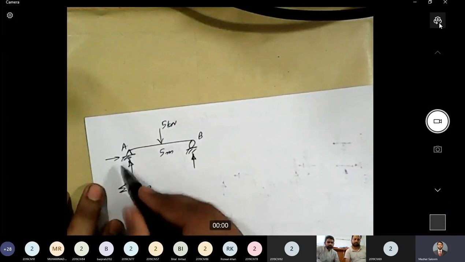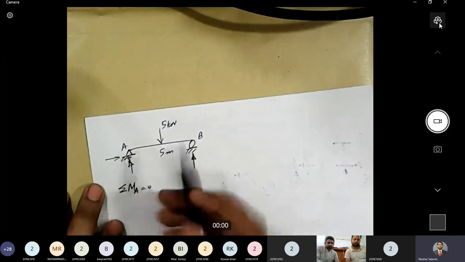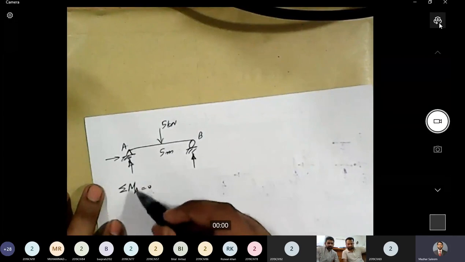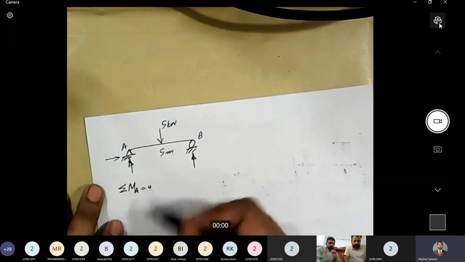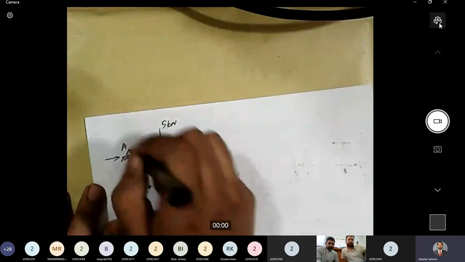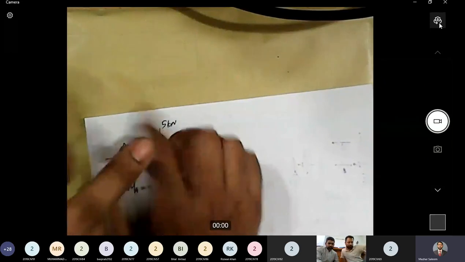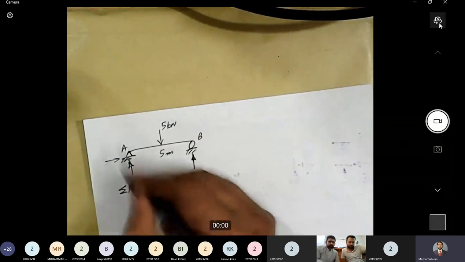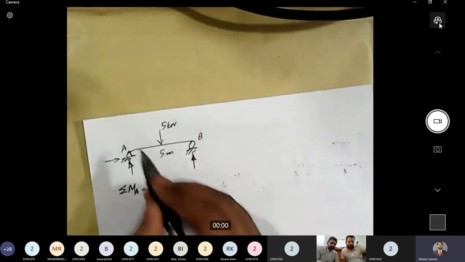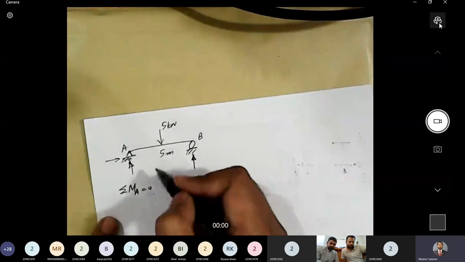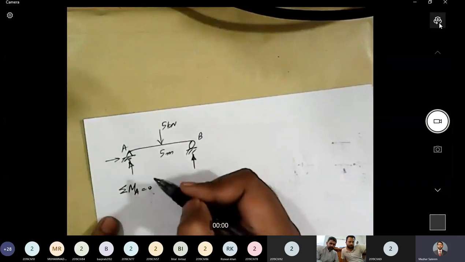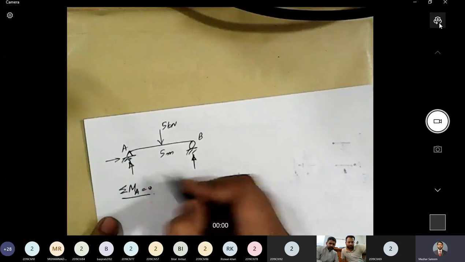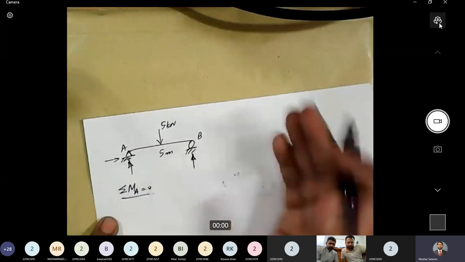I say MA because I'm taking moment about point A, but in terms of axis, whether that moment is about the x-axis, y-axis or z-axis, it is about the out-of-plane axis, because the rotation that takes place is about the out-of-plane axis. So Mz is the moment about the out-of-plane axis. How this equation will be applied and how to calculate the reactions, we will see later on.